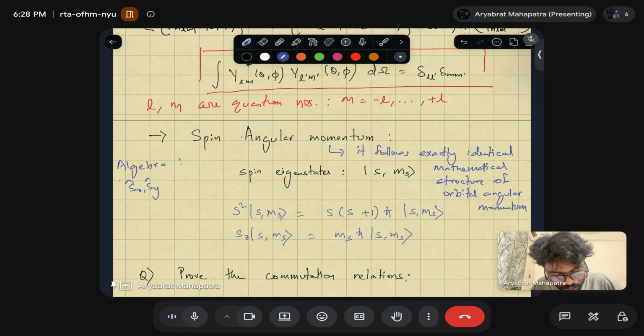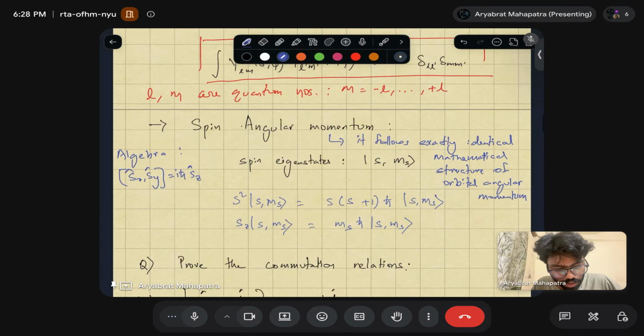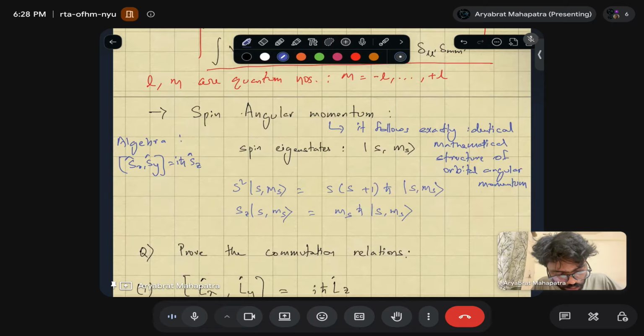If Sx and Sy are the x and y components of the spin operators, then their commutator will equal Sz, and in the same way you will have this cyclic commutation rule here as well. And then S square with Sx, or any of the other components of the spin angular momentum, you will have 0.